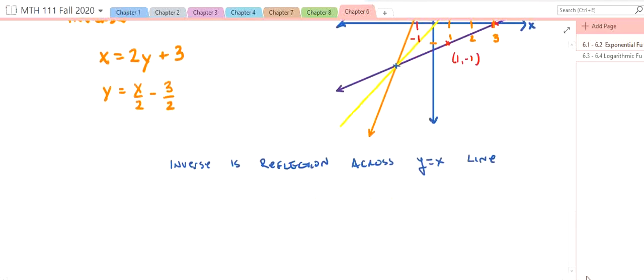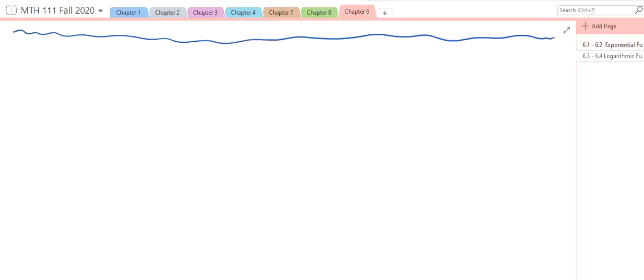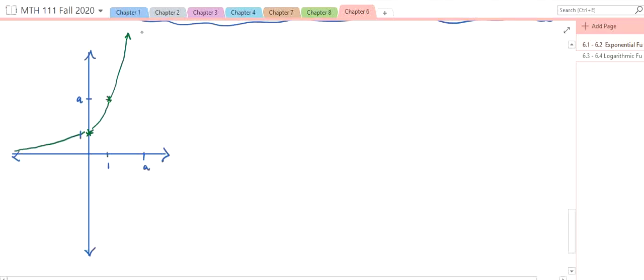So why did I spend 10 minutes going over this stuff? Well, because if we look at our exponential function, say f of x equals a to the x, of course it goes through this point.